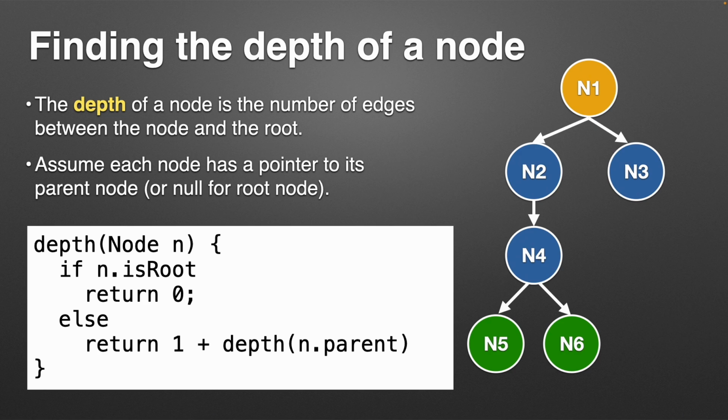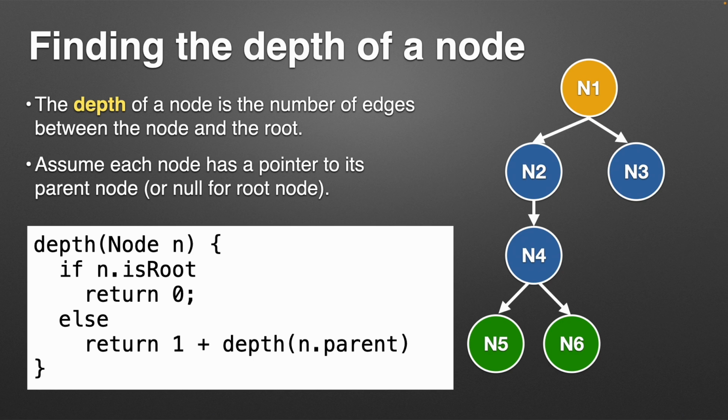But what we can do is, rather than do this in an iterative fashion, write a function that leverages the recursive nature of things, right? Each node itself will know if it is the root node, or if it has a parent.